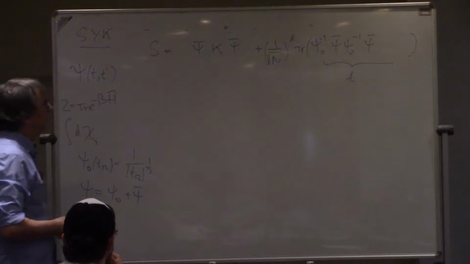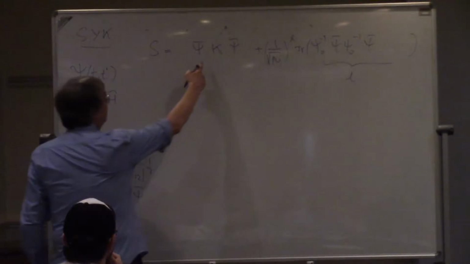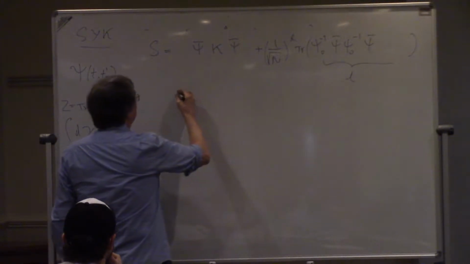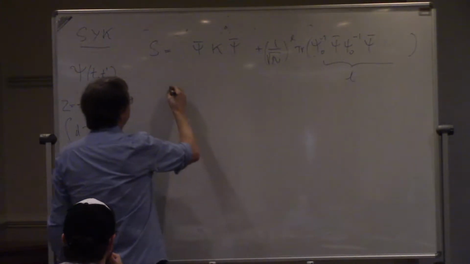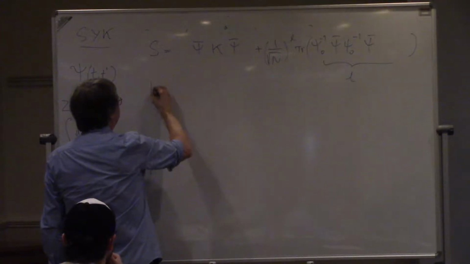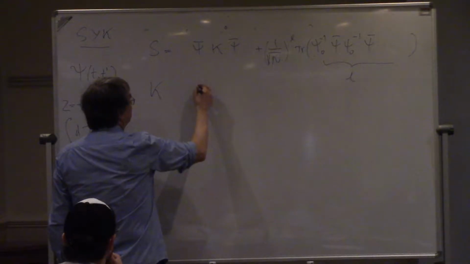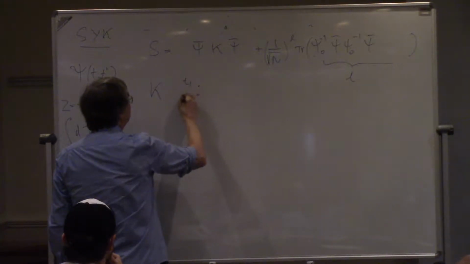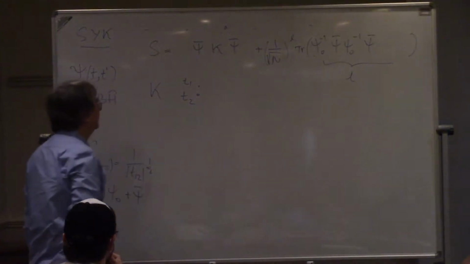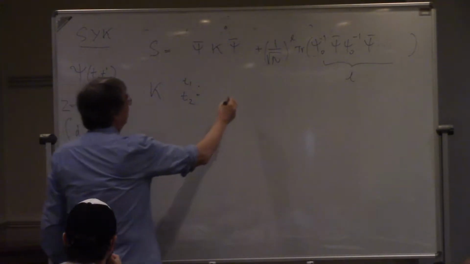I'll write a schematic picture for them, but let's just look at K. And this is bilocal, so if I want to represent K, usually you just take 2 points, T1, T2, and then 3.